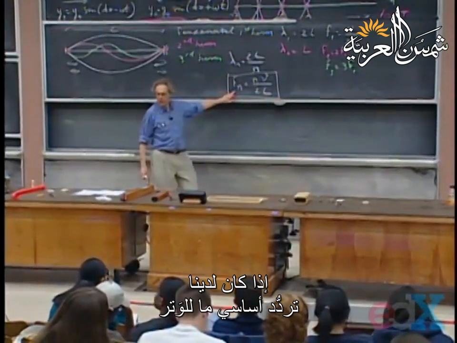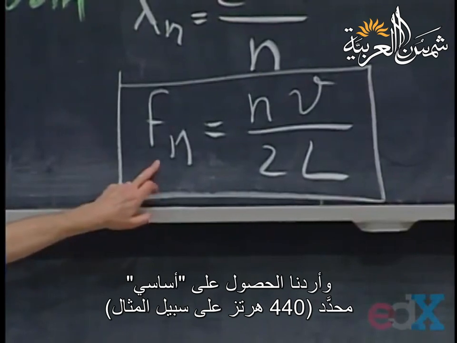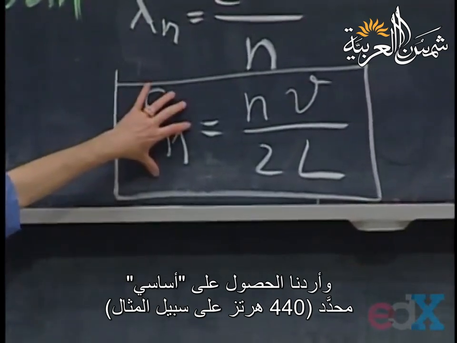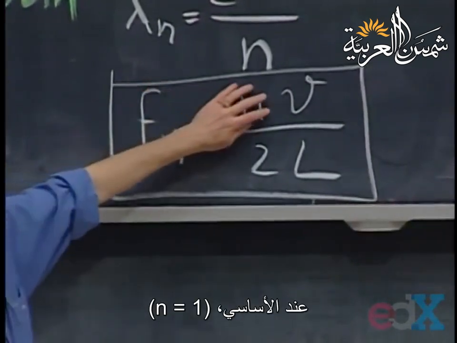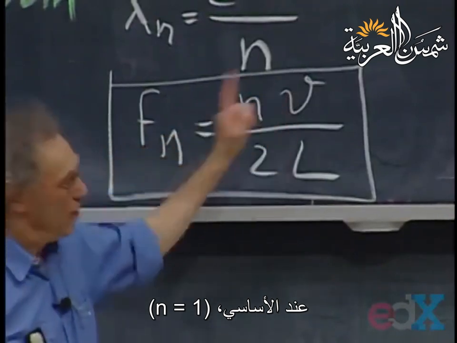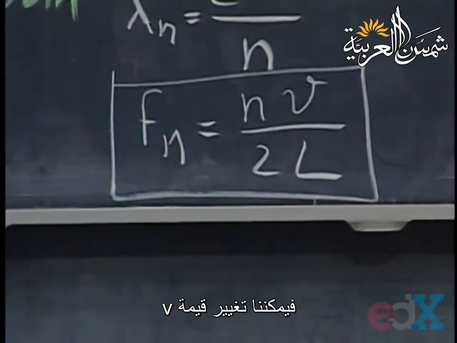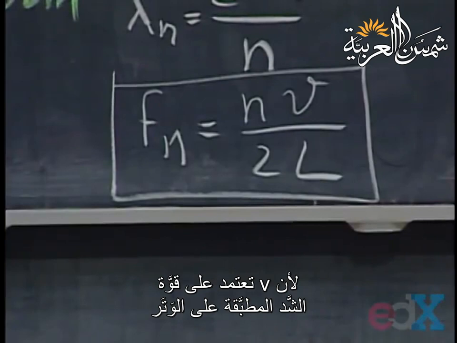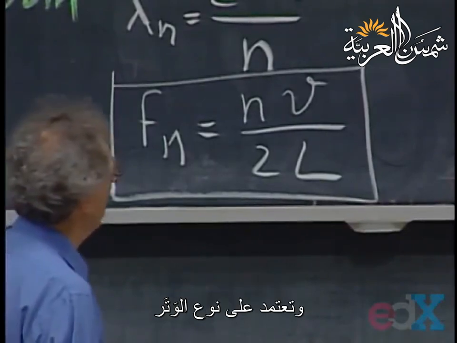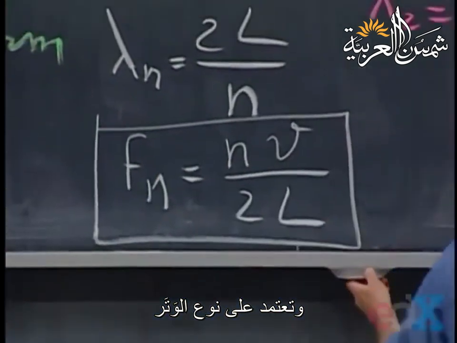So if you design a string instrument, then this is really a key equation. If you want a particular fundamental, say your fundamental is 440, and this is a given number, and so n is 1, you can now manipulate V, because V depends on the tension in the string, and it depends on what kind of string you have.